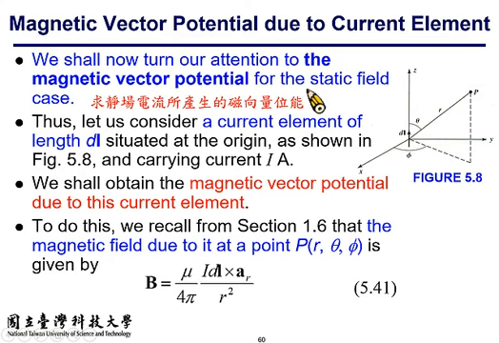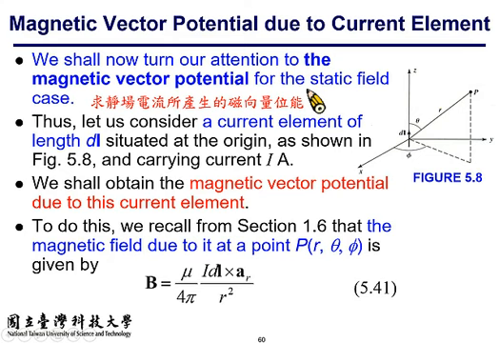Magnetic vector potential, which originates from what? From an electrical current. Here, let's assume that we have a short section of electrical current, say dl, and the amount of current on this line is I. Then what is the magnetic flux density B?